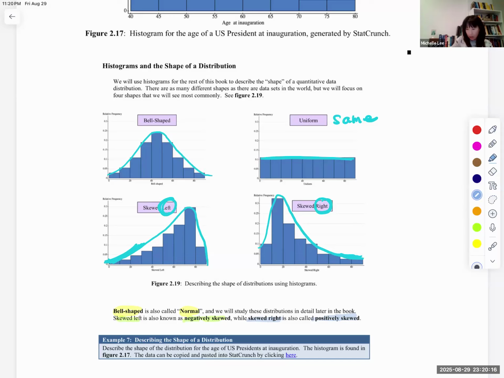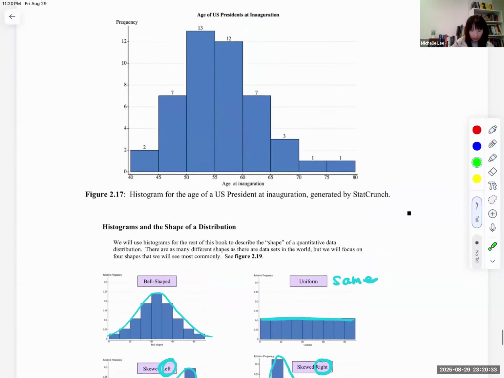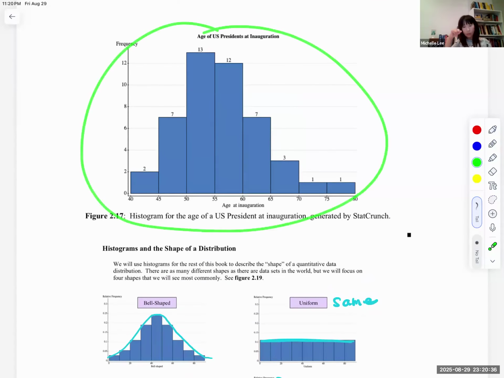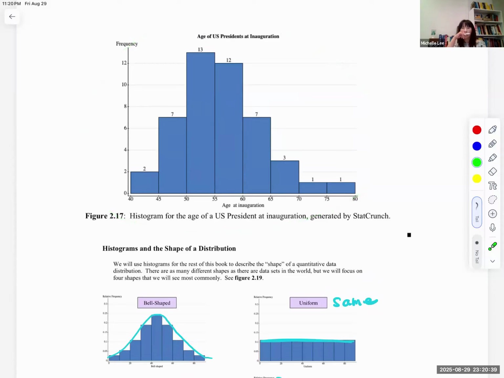Okay. Now, let's do an example. We have the shape of distribution from age of US presidents at inauguration, right? What do you think about this one? Looks like a bell shape, right? But then a little bit of what?